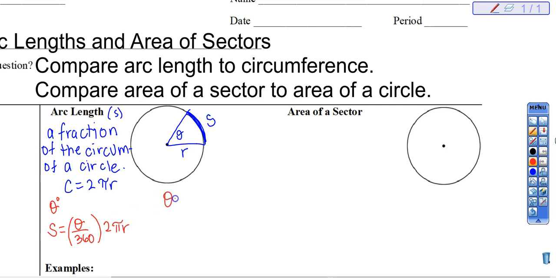If theta is given to you in radians, however, we can start off with the same idea, that the arc length is equal to theta over 2 pi radians of the full circumference. So it's a percentage of 2 pi r.